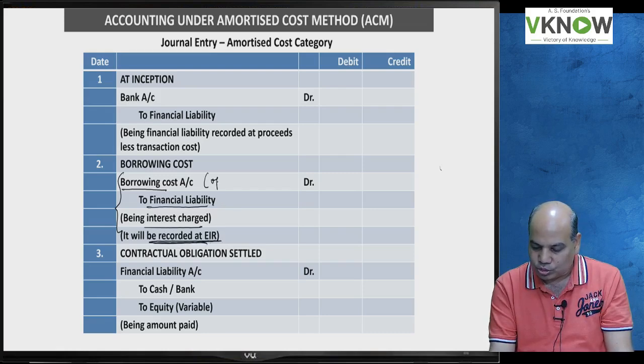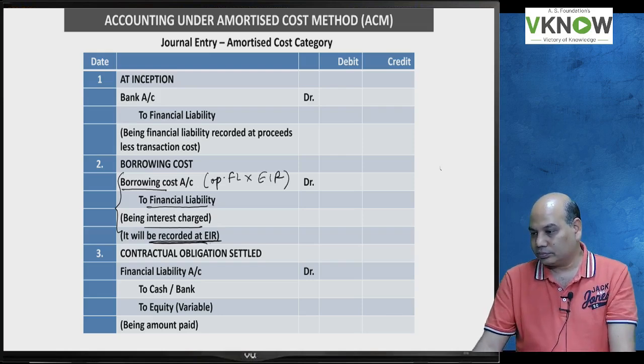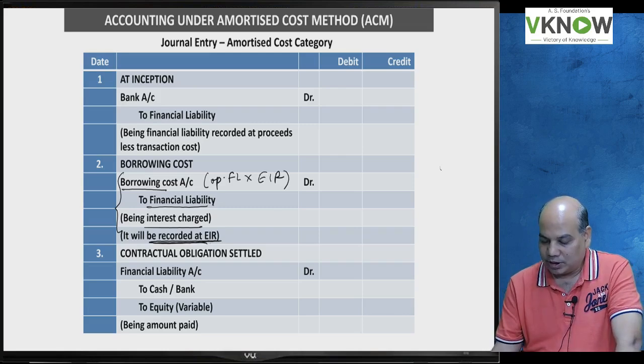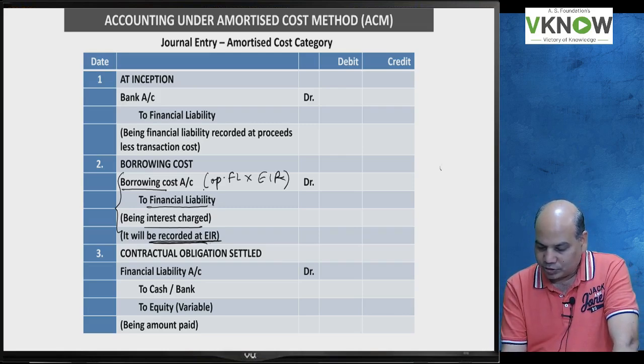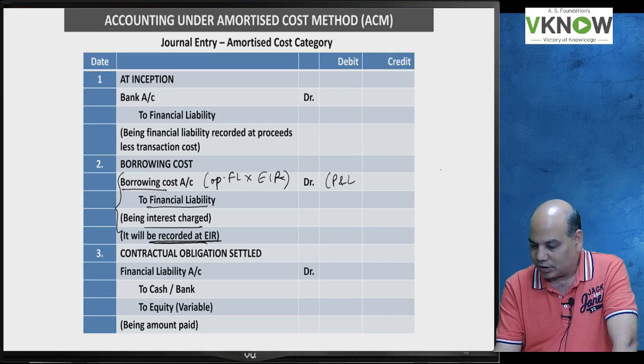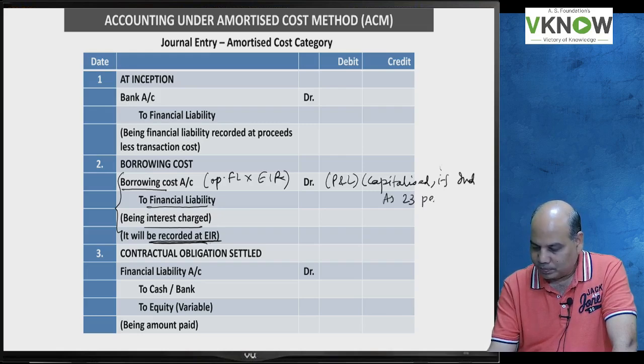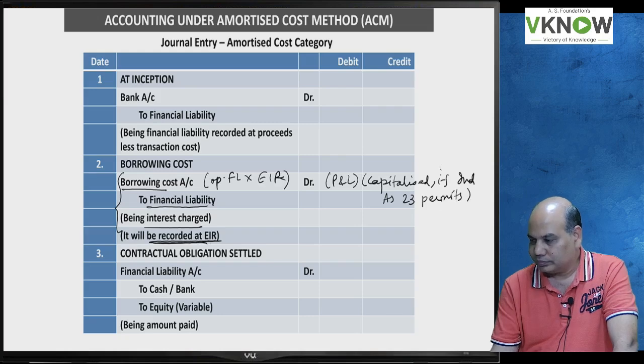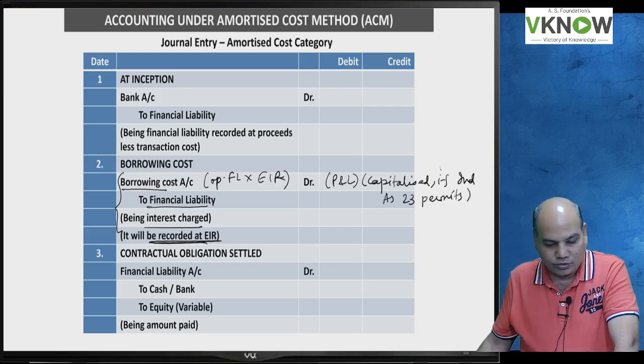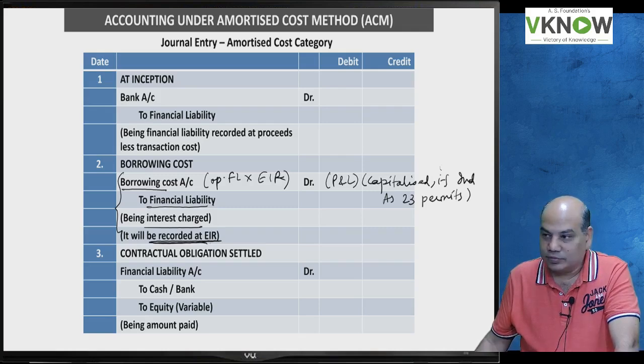The amount will be equal to the opening financial liability multiplied by the effective interest rate, and this borrowing cost will be either charged to the P&L account or capitalized if Ind AS 23 permits. If Ind AS 23 permits.